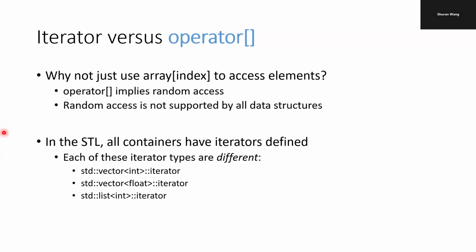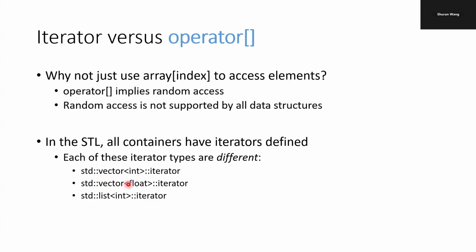In the STL, all of the containers have iterators defined, so the iterator syntax can be reused across containers. The square bracket operator cannot. Each container has its own iterator class defined. And the syntax looks like this. Remember the containers are templated classes.